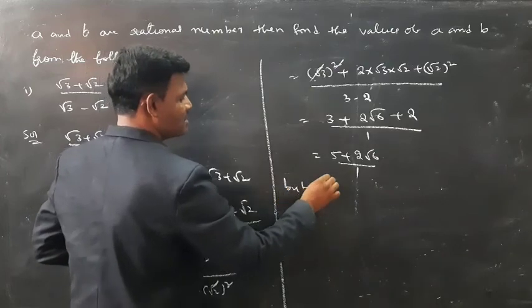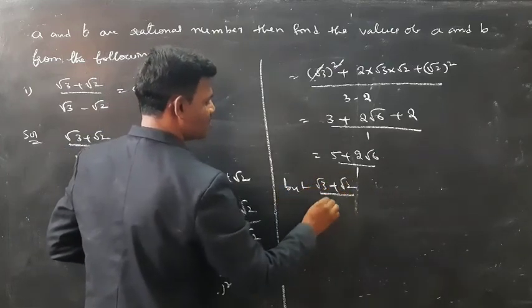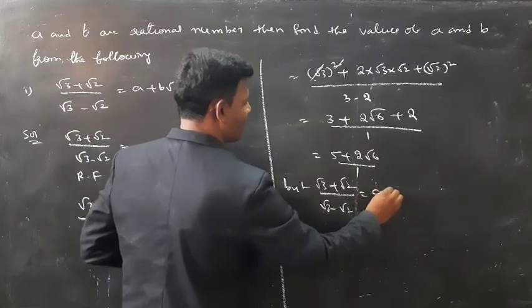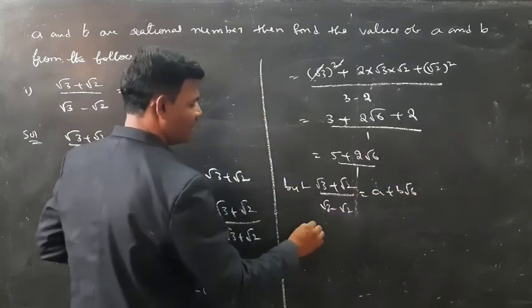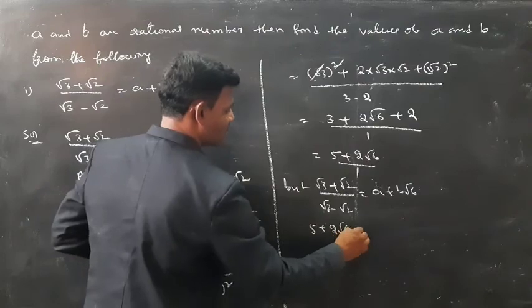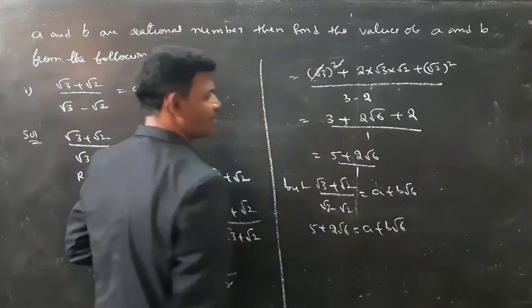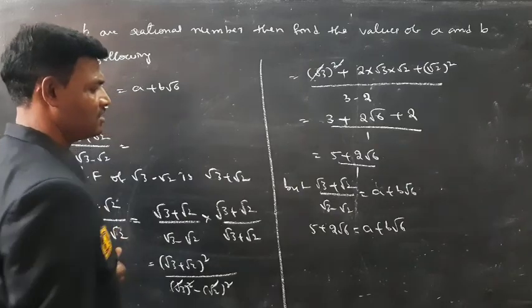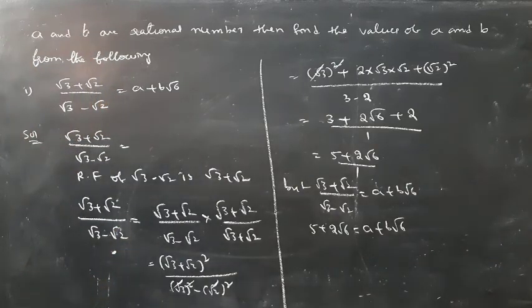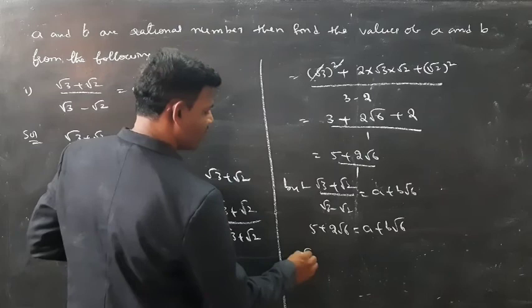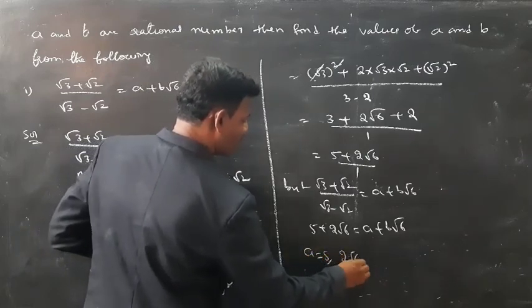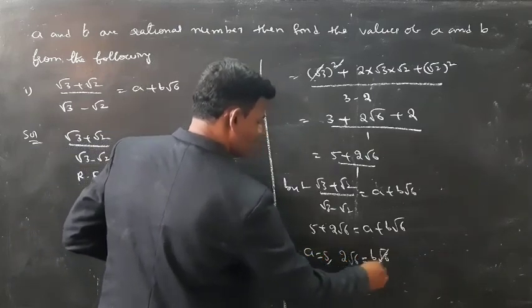But the value of (√3 + √2) by (√3 − √2) is equal to a + b√6. So we can write 5 + 2√6 is equal to a + b√6. So by comparing this, what we can write? a is equal to 5 and 2√6 is equal to b√6. √6 is cancelled.